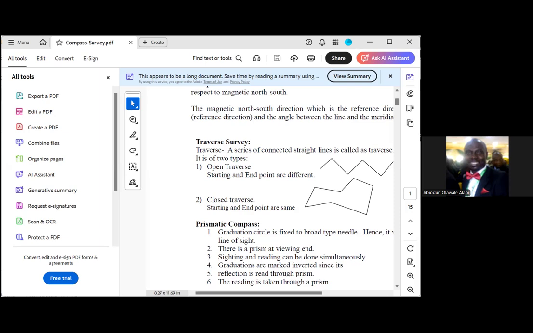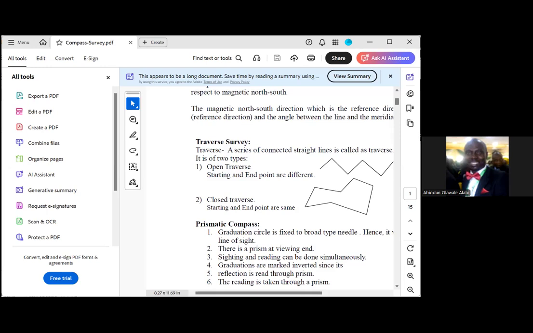The usage of tape or chain is a direct measurement, but there are some instruments you can use to also get your distance measurements, but those instruments will not give you the direct actual value.